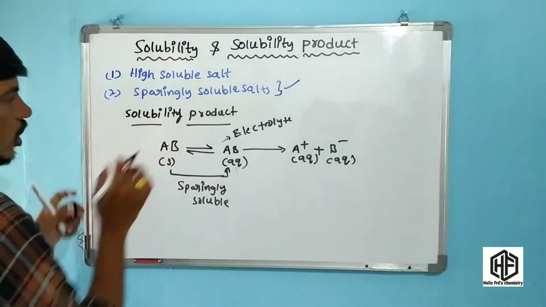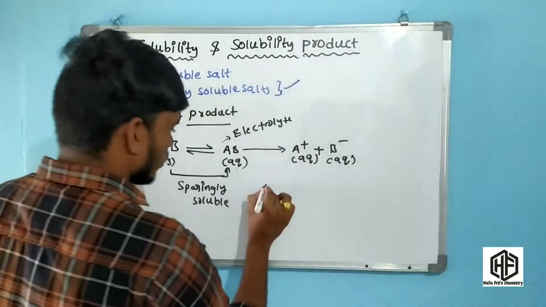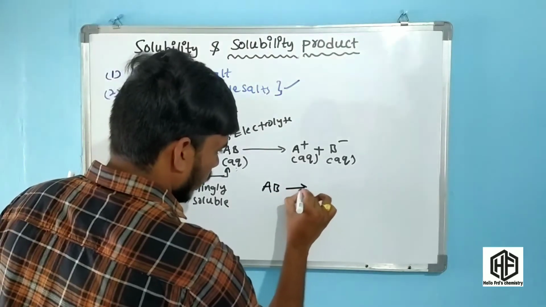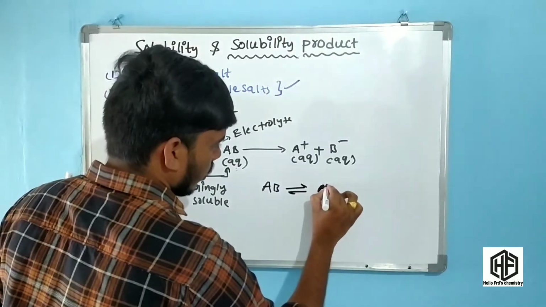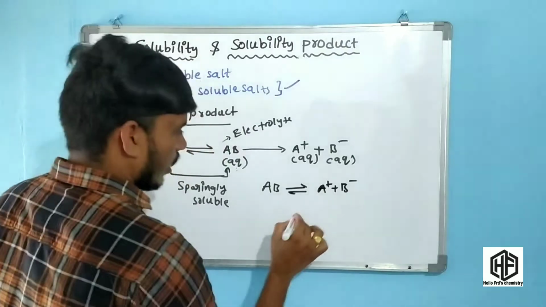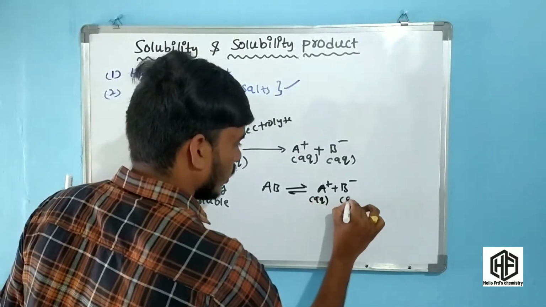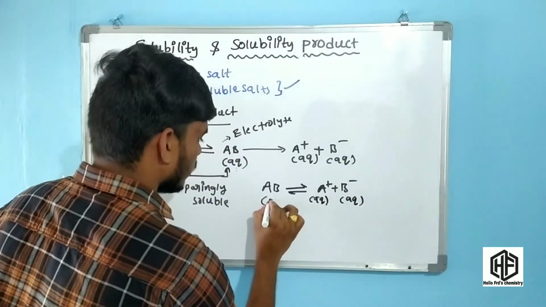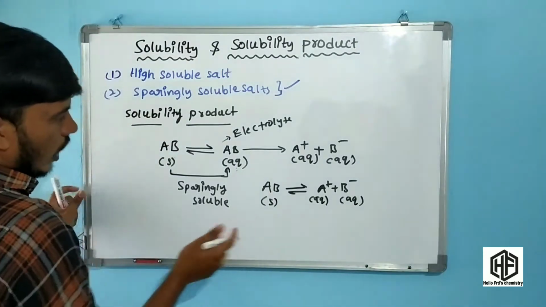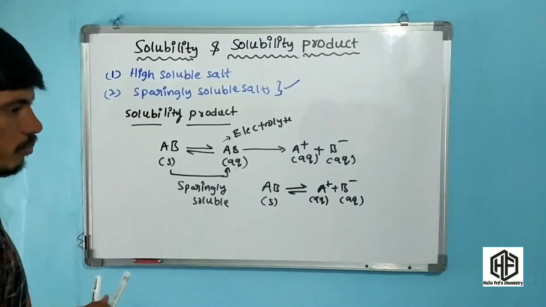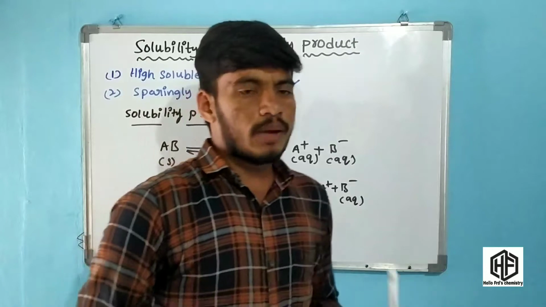Now what is the solubility product? AB is dissociated to A plus and B minus, both aqueous. Friends, this is the salt. Okay friends, now we have to find the solubility product according to chemical equilibrium.